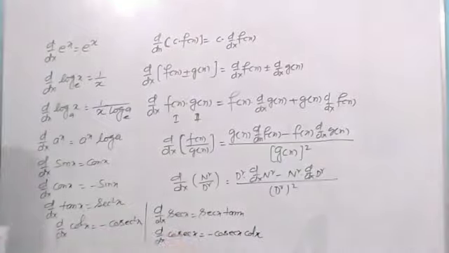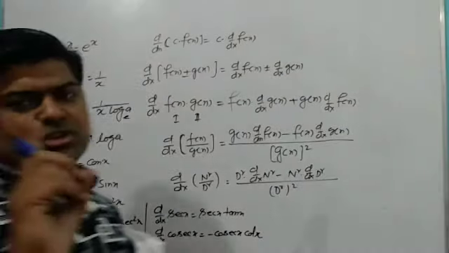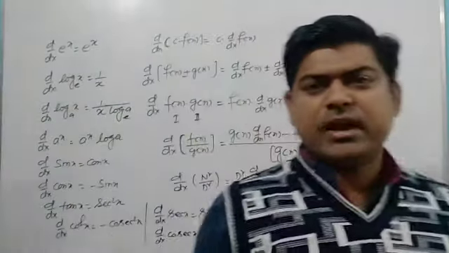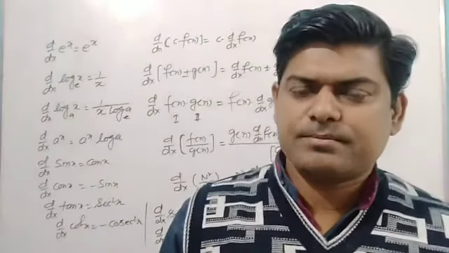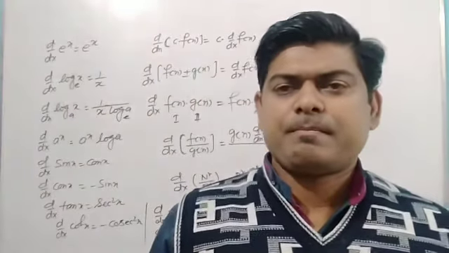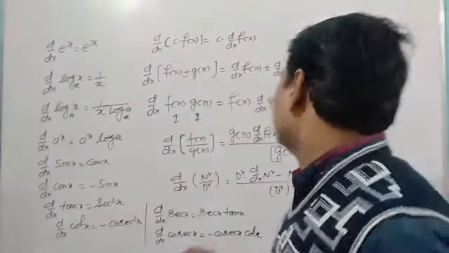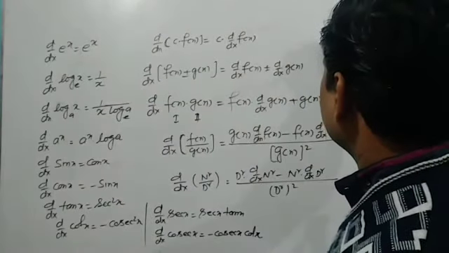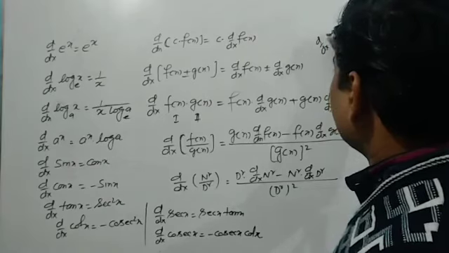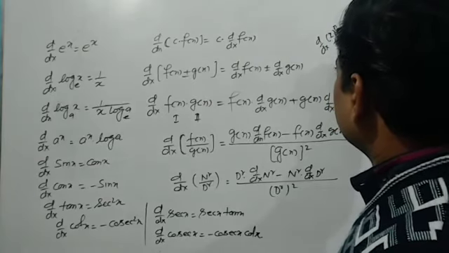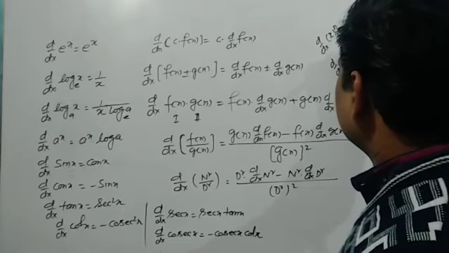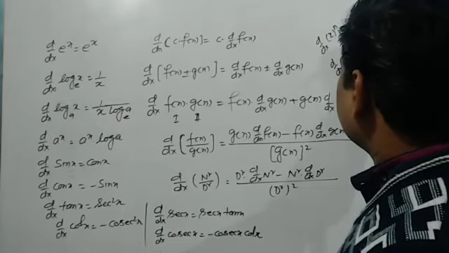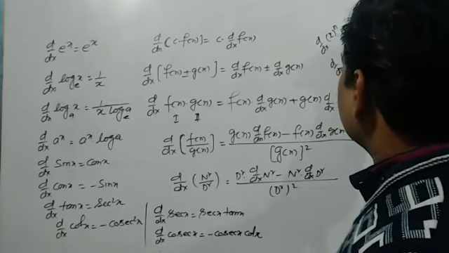In this exercise, only one point is left, that is differentiation of a function with respect to a function. I learned here d/dx of x to the power n. Now suppose that I am having d/dx of (2x square plus 3x) whole to the power n.